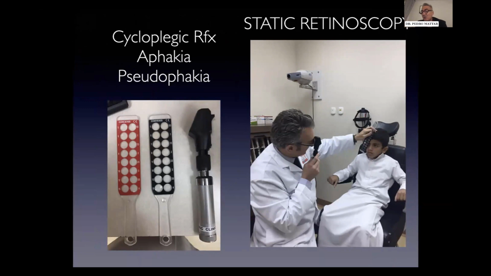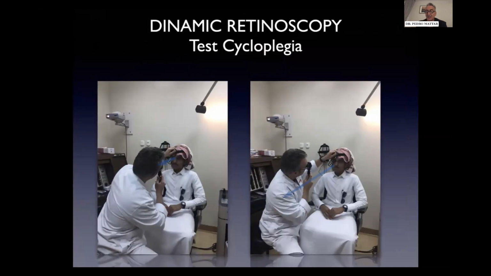So when do we use static retinoscopy? We use static retinoscopy in those patients who are aphakic, pseudophakic, or those in whom we know they have a good cycloplegia. How do we know if they have a good cycloplegia? Well, we can do dynamic retinoscopy and ask the patient to look far.